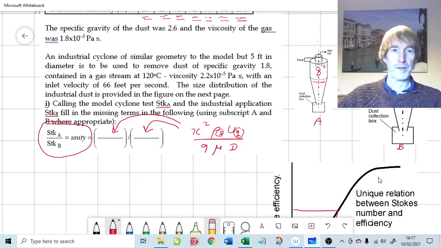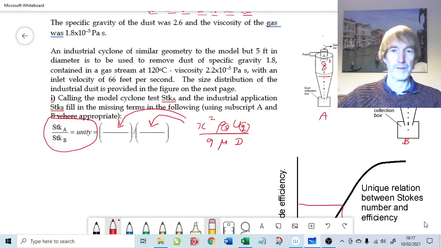So let's try and make a little bit more sense out of this. We know that we want the Stokes number to be the same. So if we want Stokes number to be the same, then we are going to have XA squared, rho A, UA, because they're all on top.